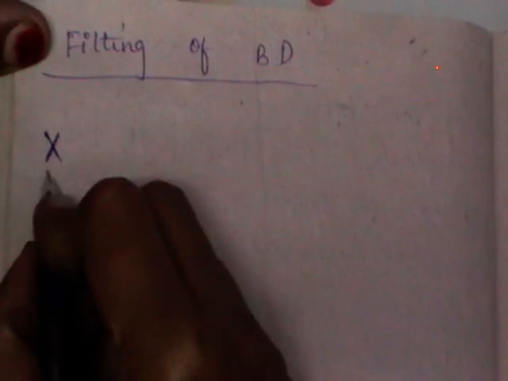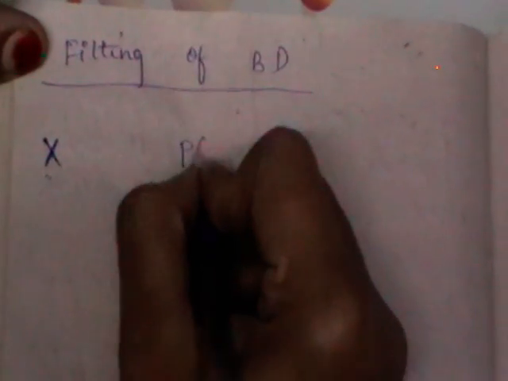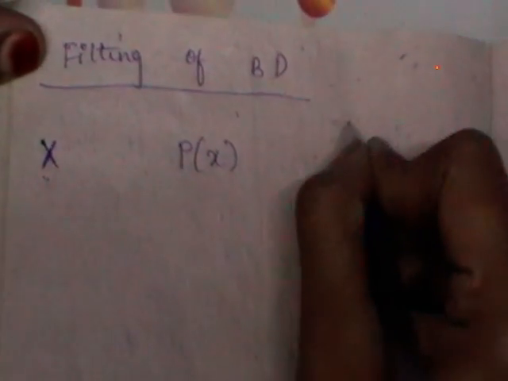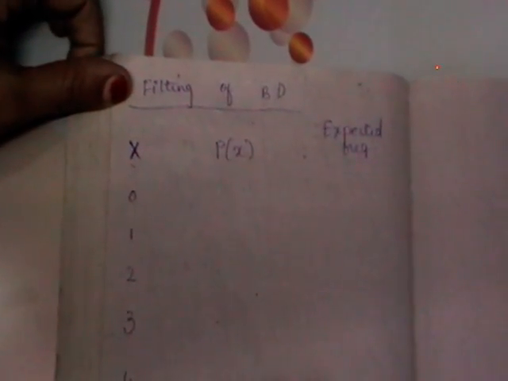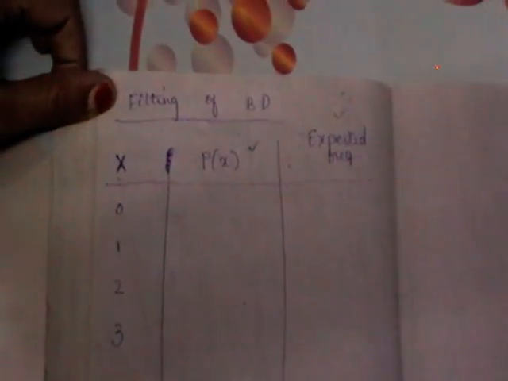Fitting of any distribution means you need to frame a table with the columns x, P(x) and expected frequencies. These are the three columns. X is given in the question; x assumes the values 0, 1, 2, 3, 4, and f is also given to you. So x is given, and you should calculate these two columns.